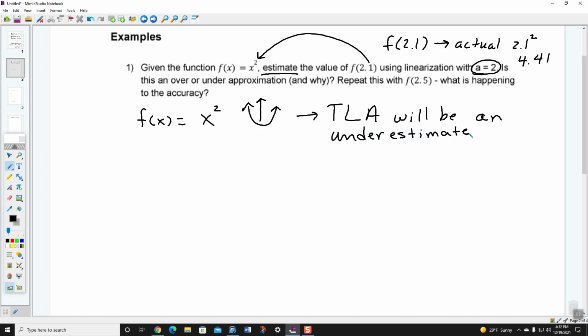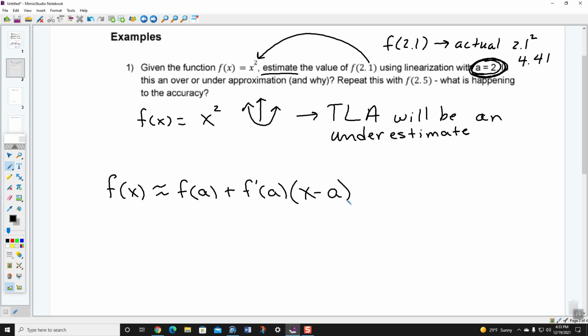Okay? So how do we come up with this idea of the tangent line using linearization? Well, here's our formula. We start this out as f of x is approximately f of a. And in this case, kids, a is, again, 2, plus f prime of a times x minus a.